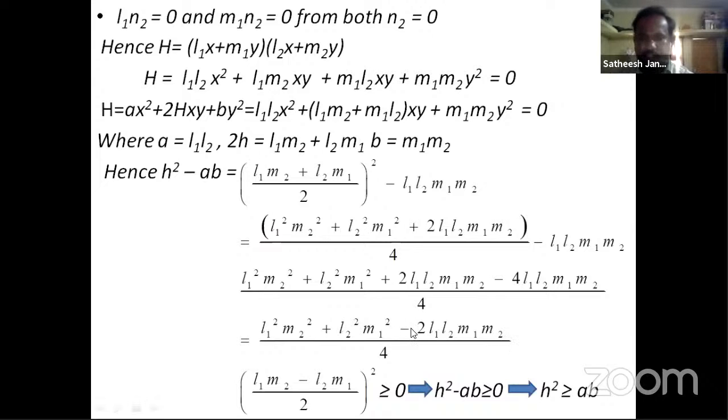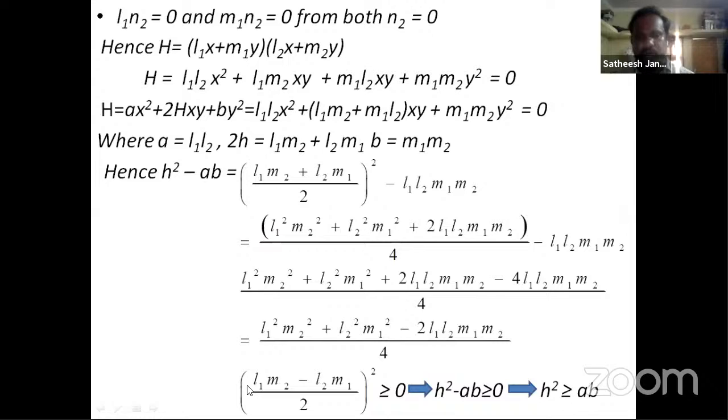Observe this numerator. This is L1 square M2 square plus L2 square M1 square minus 2 L1 L2 M1 M2. What is the form here? Observe clearly. This is a square plus b square minus 2ab. Yes, that is in the form of a minus b whole square.